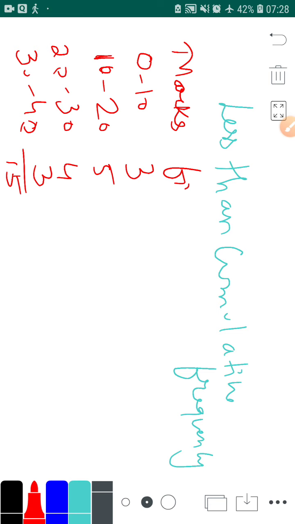So just understand the data given. 3 students are having 0 to 10 marks. 5 students are having 10 to 20 marks. 4 students are having 20 to 30 marks, and 3 students are having 30 to 40 marks.